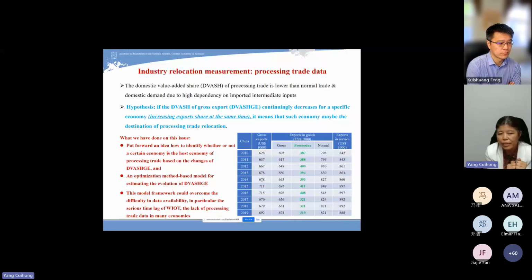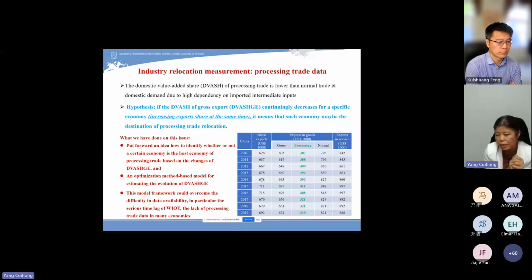The other is that exports increase at the same time. It means that such an economy may be the destination of processing trade relocation. This is based on the low domestic value-added share of processing export, and also its share in the total export. We put forward this kind of hypothesis.